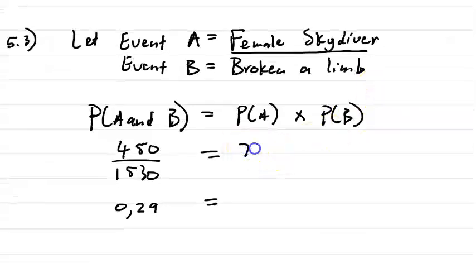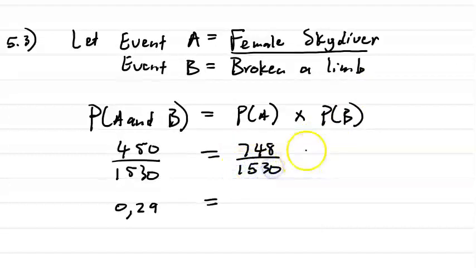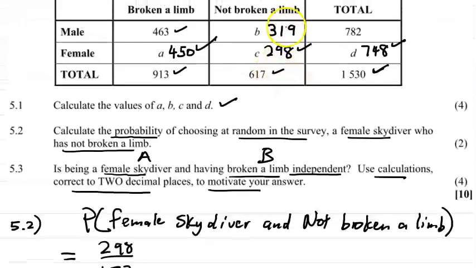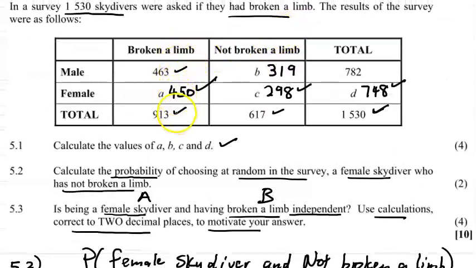The probability of B, event B, is broken a limb. So we look at the total number of skydivers that have broken a limb, which is 913. We take 913 and put it over the total number of skydivers, 1,530.